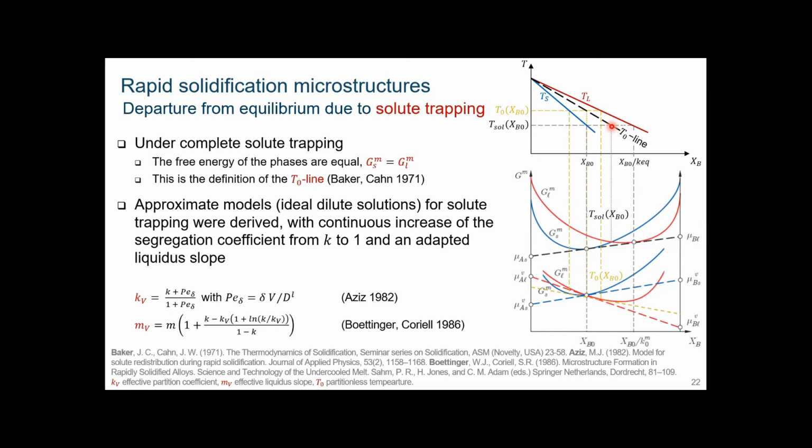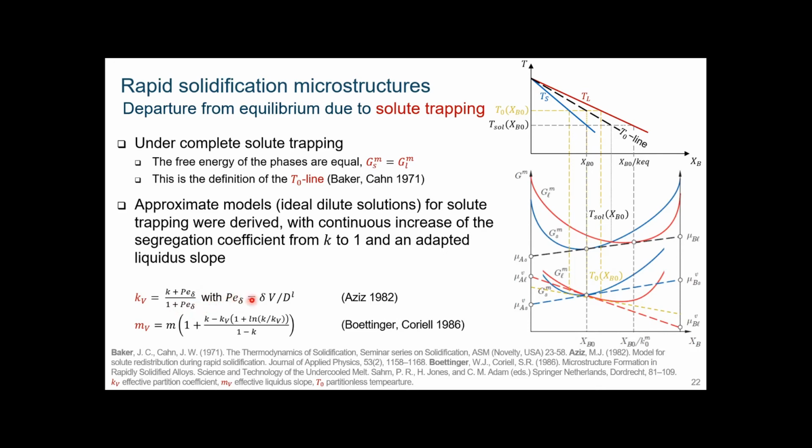I don't go into the detail of that, but the message I want to give is that most often in the literature, you find a segregation coefficient that is computed with this expression: a segregation coefficient equal to the nominal or equilibrium segregation coefficient plus the Peclet number due to the velocity of the interface, divided by 1 plus Peclet.